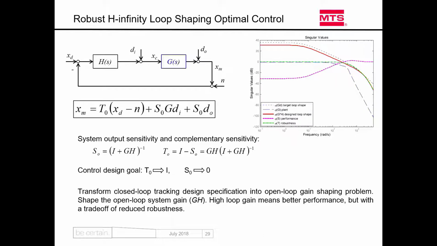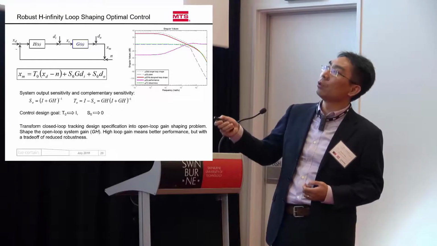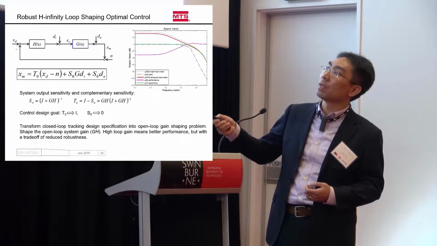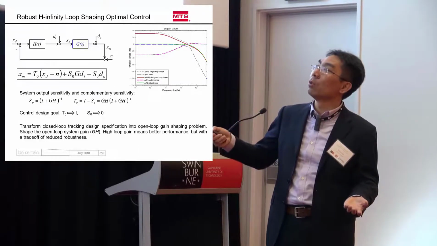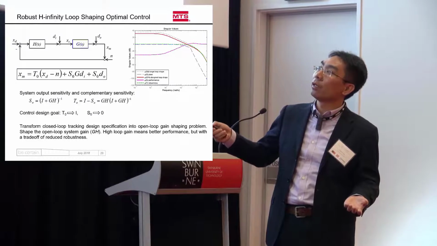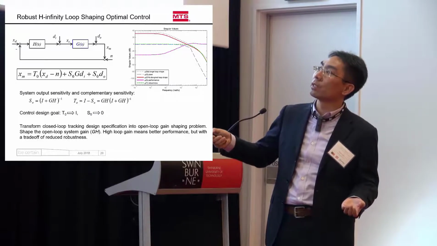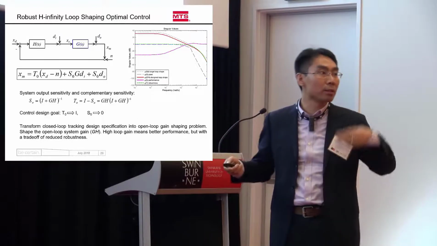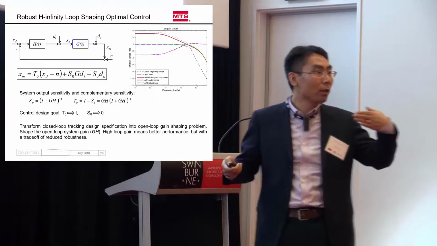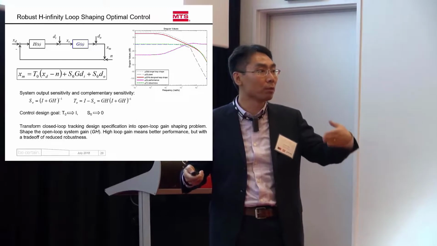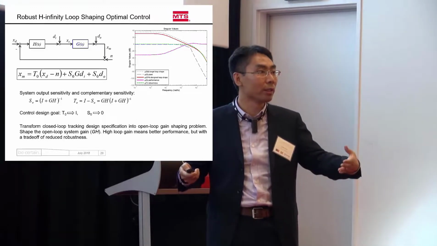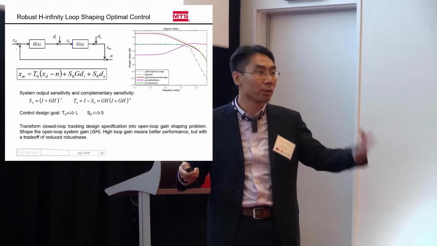If anybody is interested, I think we can talk offline. But the idea is that I shape the open loop gain so that my closed loop specification can be met. If the open loop gain is very high, then this T0 becomes 0, and you can achieve very good tracking. But when you have a very high open loop gain, the system cannot tolerate much system uncertainty, nonlinearity, or small disturbance.